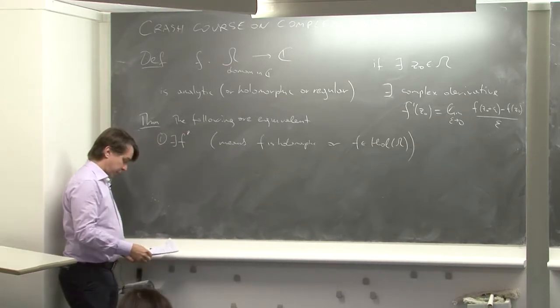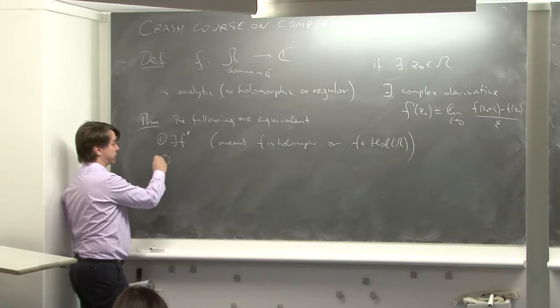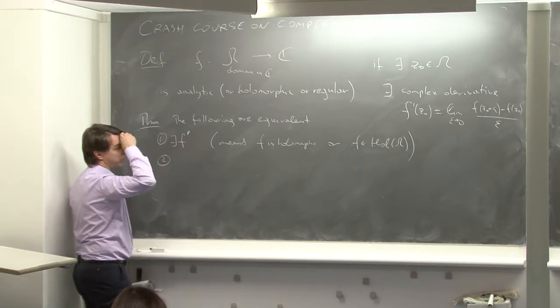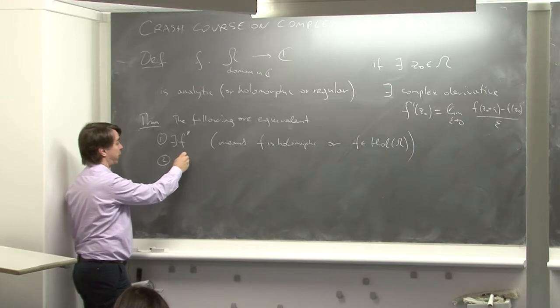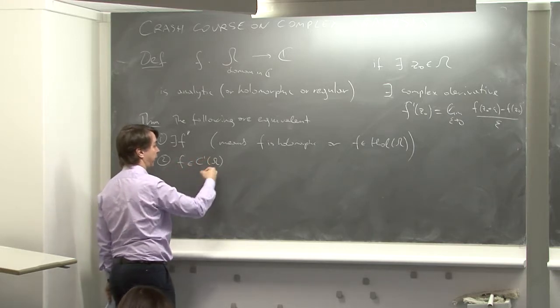And now the other way is to rewrite this in terms of partial derivatives with respect to x and y. So you write that f is C1 on omega.